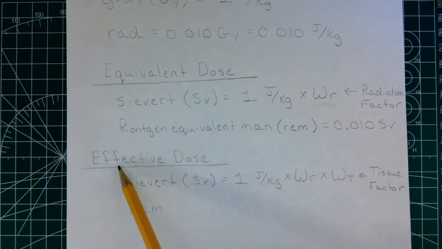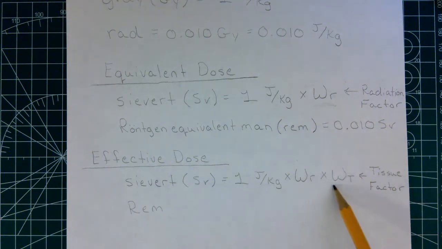The last thing I want to note for you guys is something called the effective dose. So often when we're doing like medicine with radiation and stuff, we're targeting only a specific part of the body. And in this case, what we wind up doing is multiplying the sievert by another fudge factor called the tissue factor.